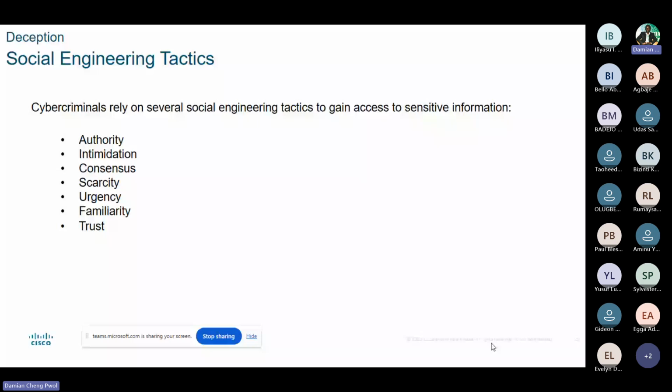Attackers could take advantage of that. You have familiarity, somebody you are used to. And trust, maybe somebody who has gained your trust. In the process, at the end of it, you divulge sensitive information to such a person. So these are some common things within social engineering.